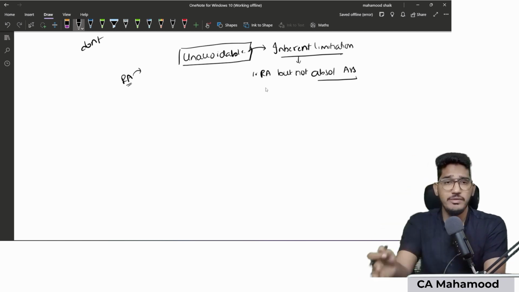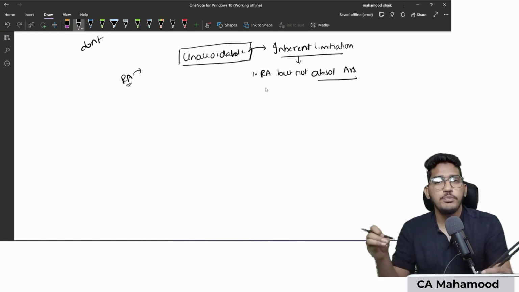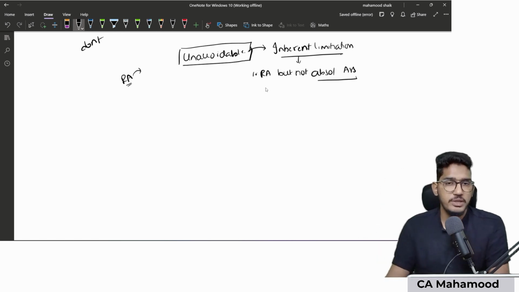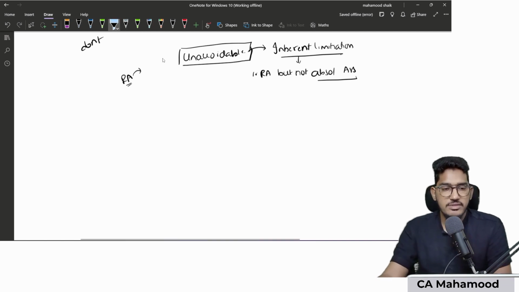That possibility will always be there. No matter how effectively or sincerely you do the audit, no matter how much effort you put in, there will always be a chance of the auditor's opinion going wrong because of inherent limitations.